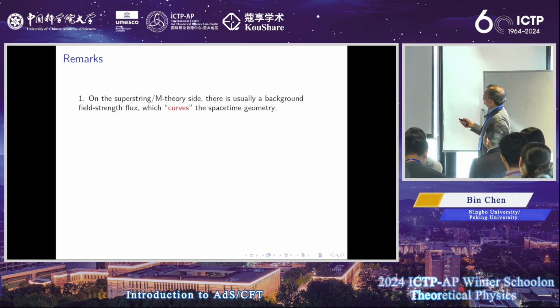Usually there is a background field strength flux, and the presence of this flux backreacts on your space-time and curves it. That's why you get this AdS space-time and curved geometry. Also, the presence of this background flux makes the study of string theory and M theory more difficult.